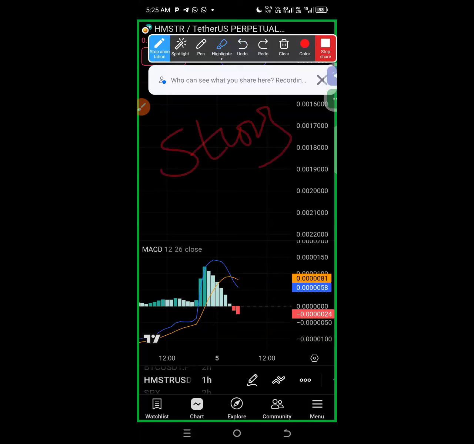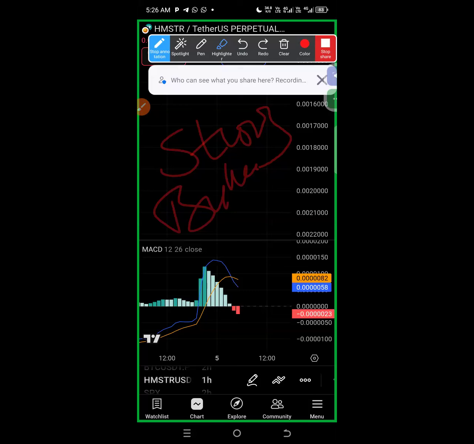In that case, we may call it strong bullish momentum, right? That gives us a confirmation that the crossover has happened, and since it has happened, it is giving us an indication that it is having a strong momentum, right?